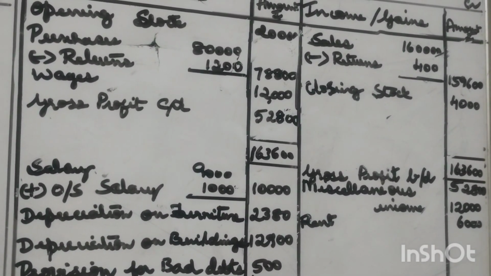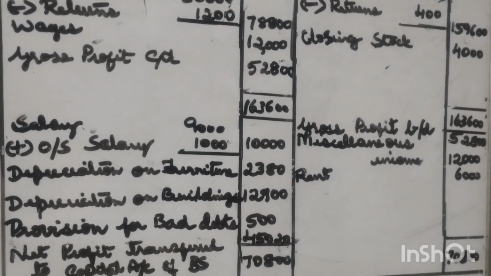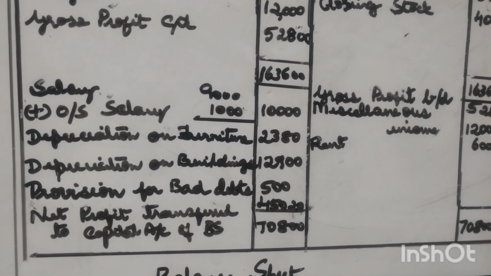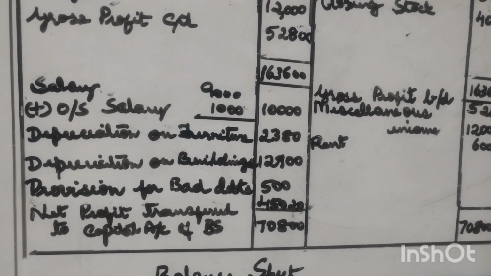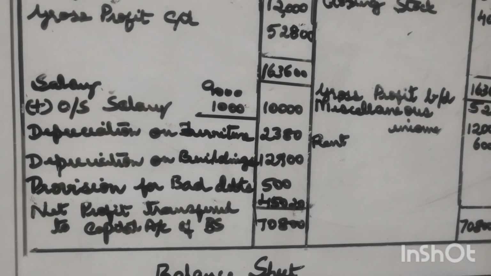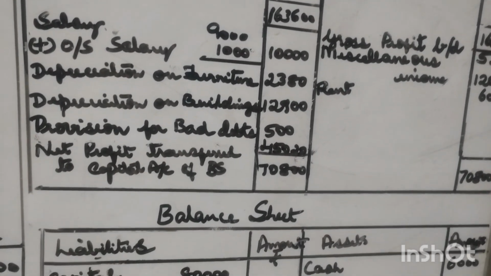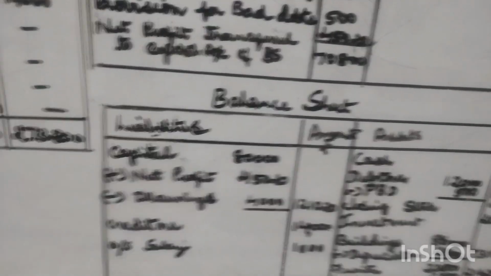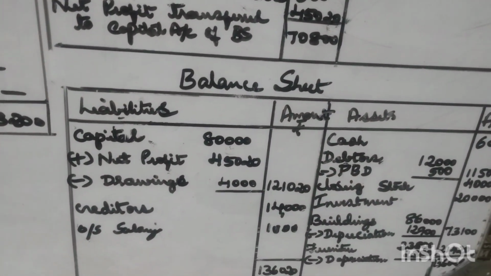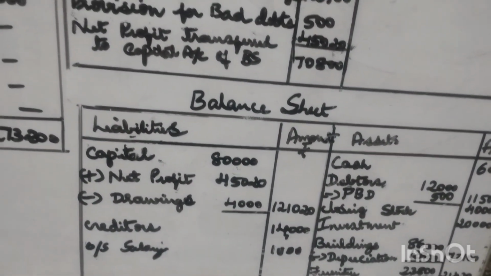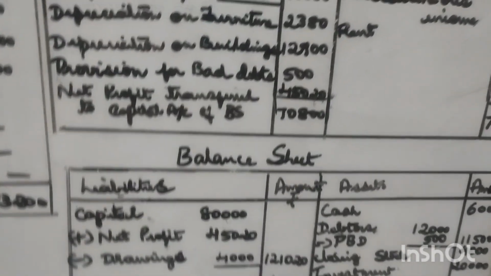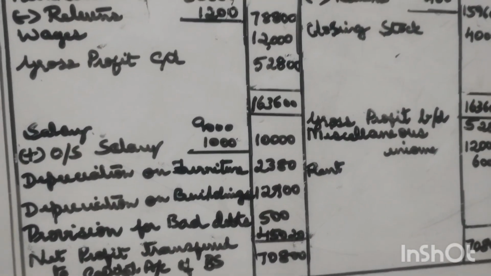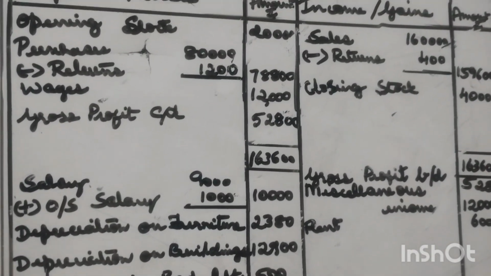Next, preparation of the profit and loss account, finding out net profit or net loss. Net profit has to be added, net loss has to be deducted. Finally, the balance sheet with certain adjustments must be equal, that has to be tallied. This is how the trading and profit and loss account has to be prepared. Finally, the balance sheet has to be equalized.